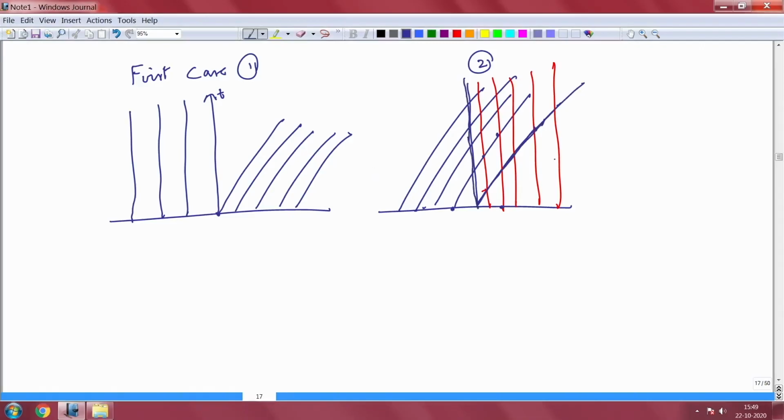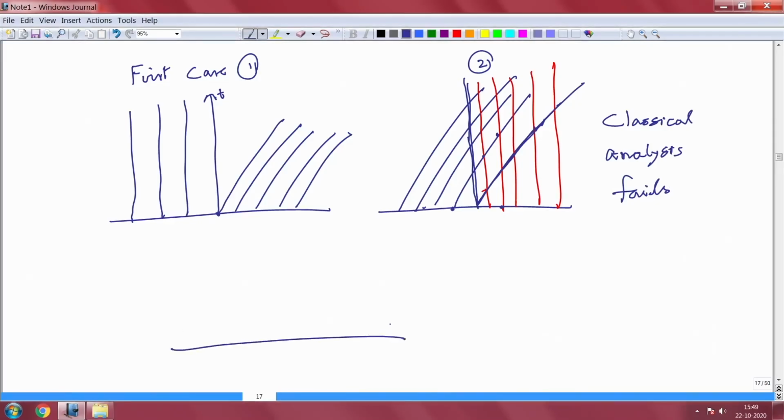This left region and right region, there is no problem. The problem will be here. So your classical analysis fails. We are not going to treat the shocks that are created, but these are all practical situations.